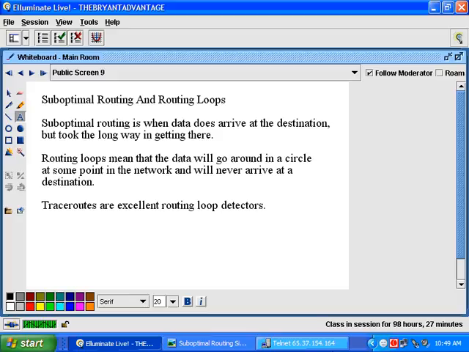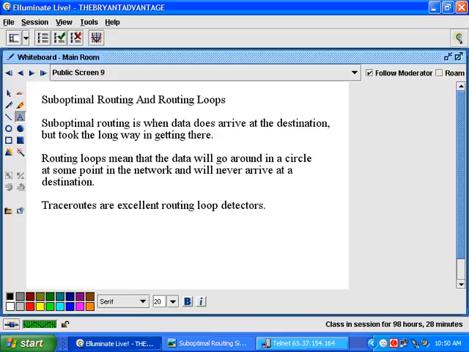It does not take the most effective path. And routing loops, that means that the data is going to go around in a circle, a logical loop, at some point in the network and can't get to the destination. So suboptimal routing means the data is getting there, just not as fast as we would like. But the routing loop, it's never going to get there.